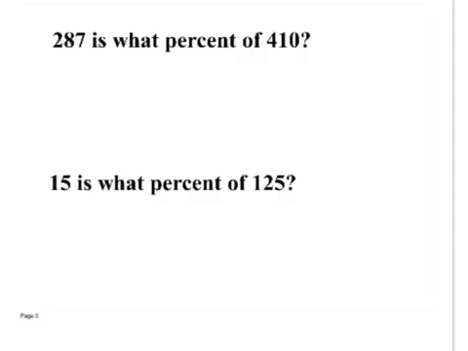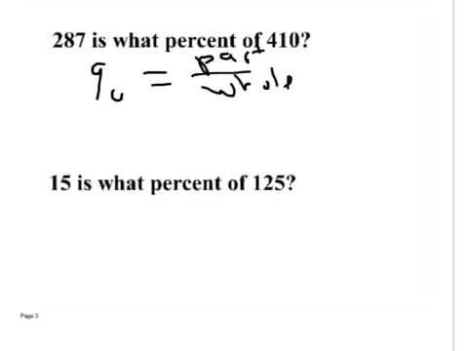$287 is what percent of 410? Obviously, it's asking for the percentage. So I go back to the first part of our notes and find out what gives me the percentage. Well, it's part divided by the whole. 287 will be the part. That's a smaller number.